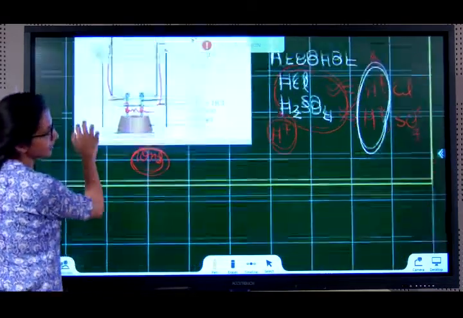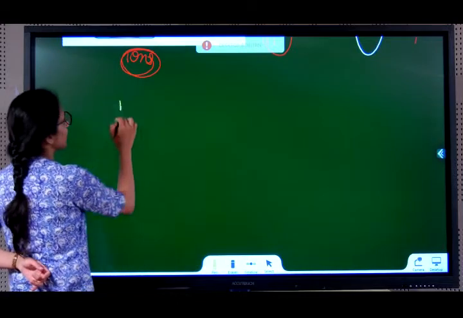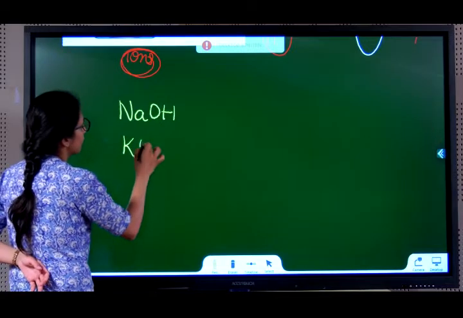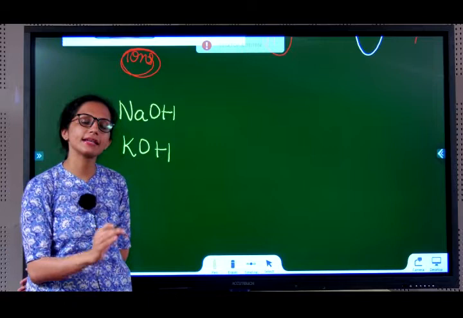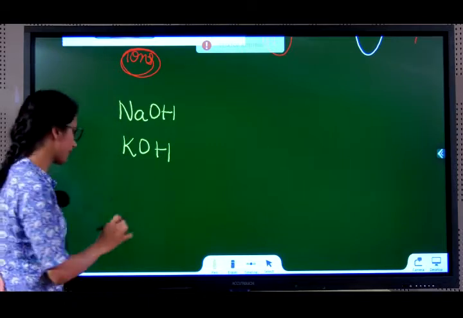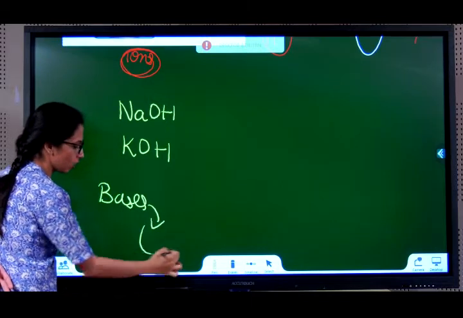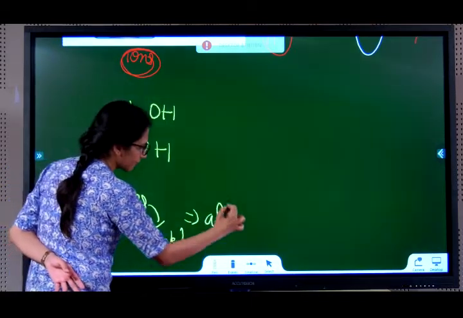If I extend the same experiment to bases, you will observe that even bases conduct electricity. What kind of bases? Alkalis. Why alkalis? Bases that dissolve in water are called alkalis.